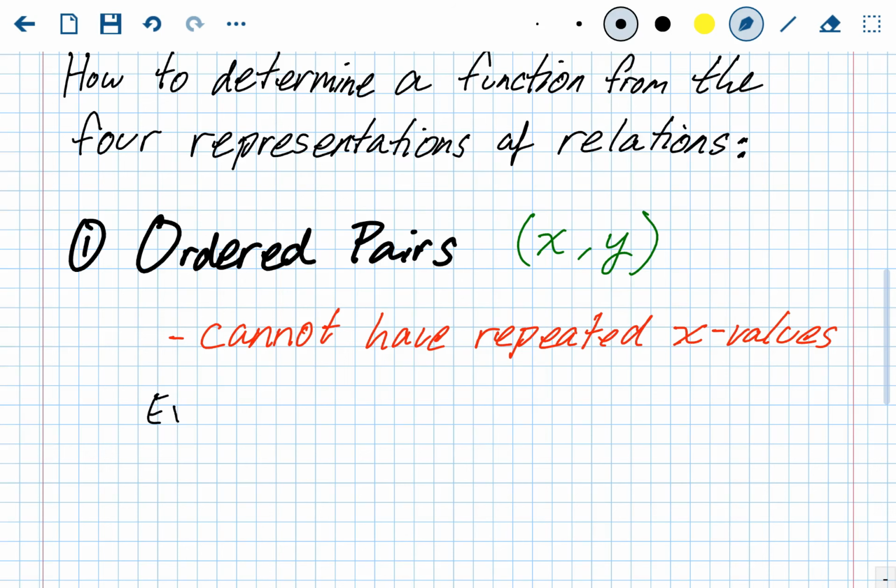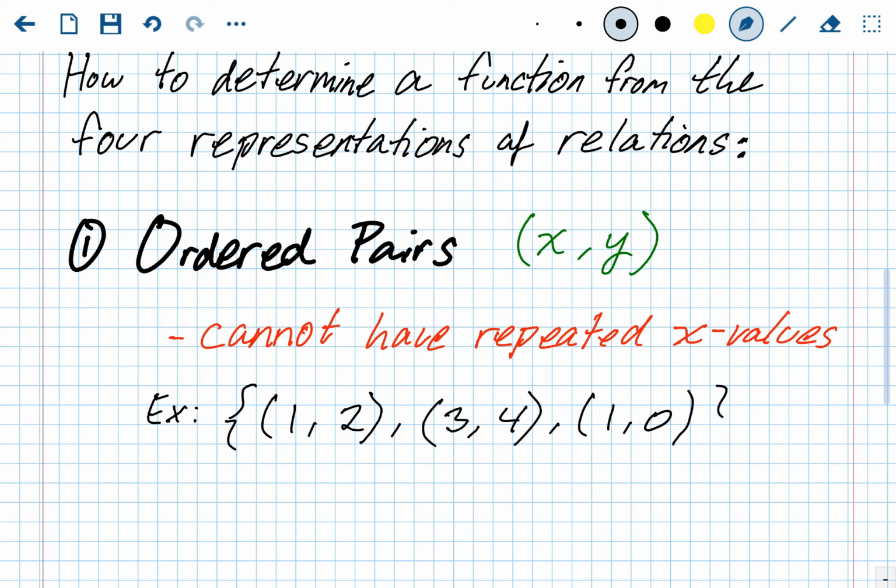For example, let's write out a relation. Okay, remember, for ordered pairs, relations are written just as inside curly brackets and then all the ordered pairs listed. Say inside our curly brackets we have the ordered pair 1, 2. And then the ordered pair 3, 4. And then the ordered pair 1, 0. And then end your curly bracket. That is a relation.